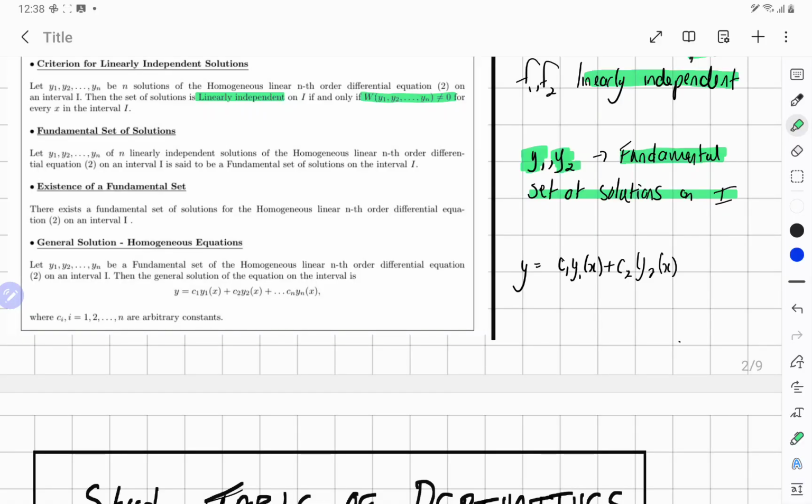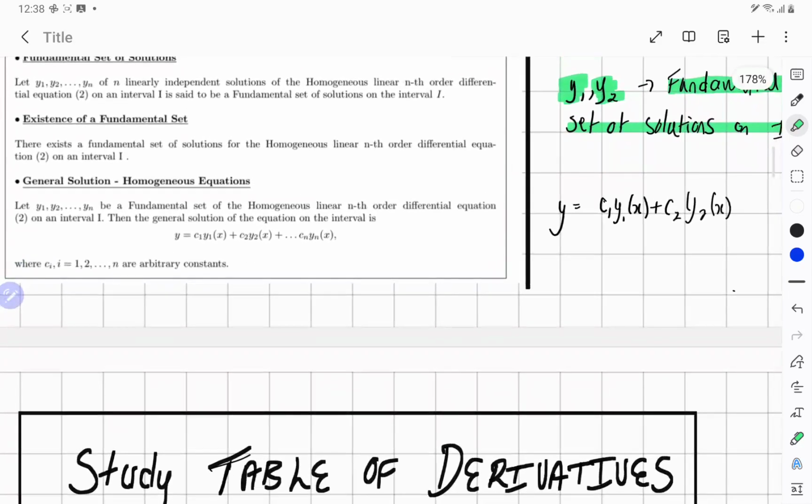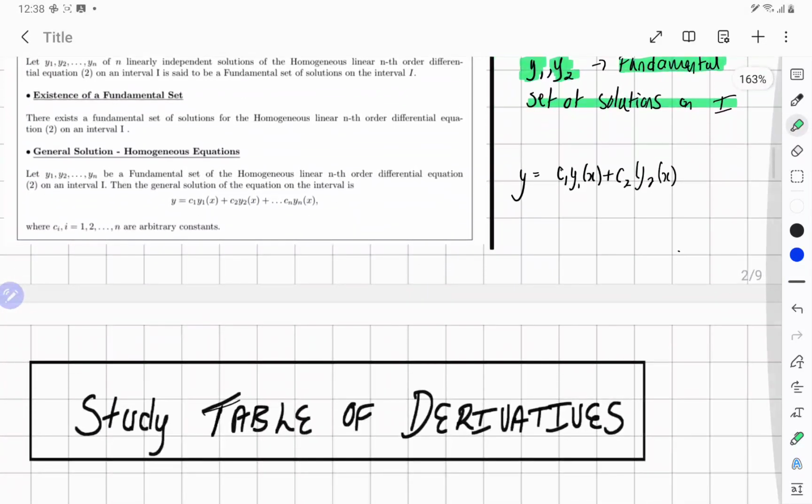So then there will exist a fundamental set of solutions. And very important, the general solution of our second order differential equation will be a linear combination of the two linearly independent solutions.